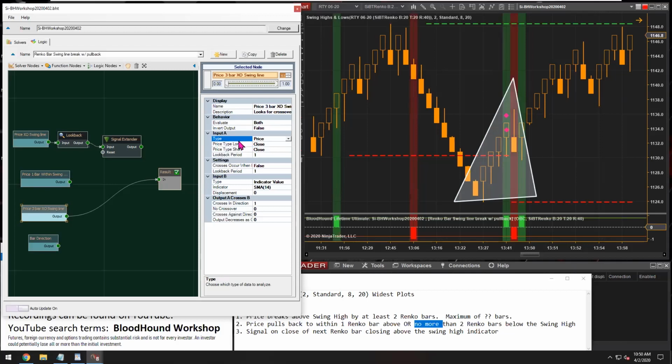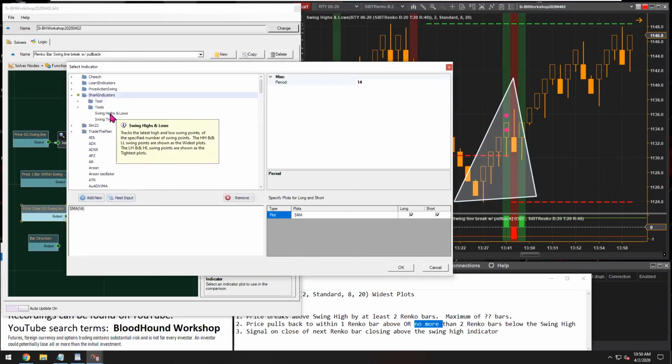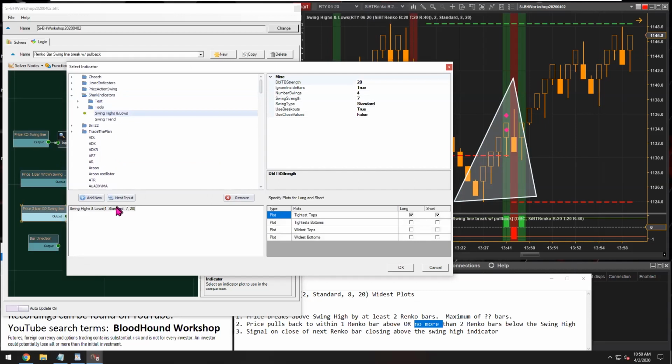Input type is going to be price again. Input B, that's going to be our swing indicator. So again, let's go back to the Shark Indicators folder, select the swing highs and lows, adjust our settings and properties, and select our plots again, like so.